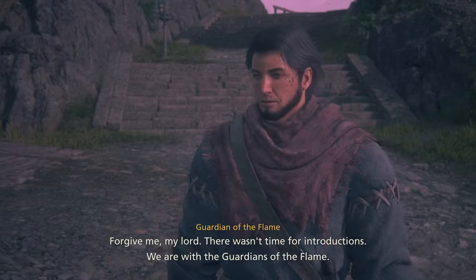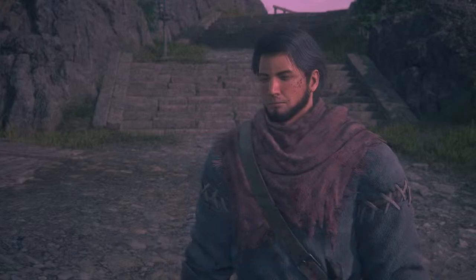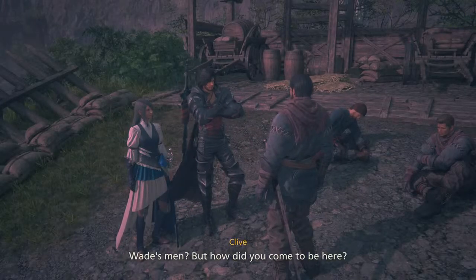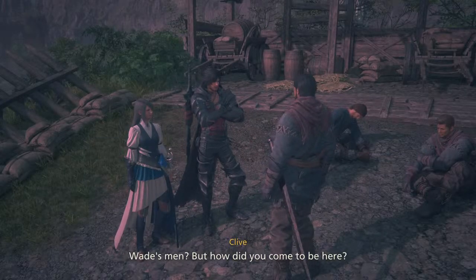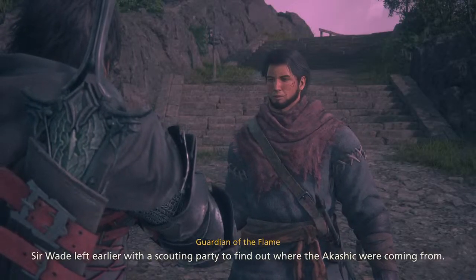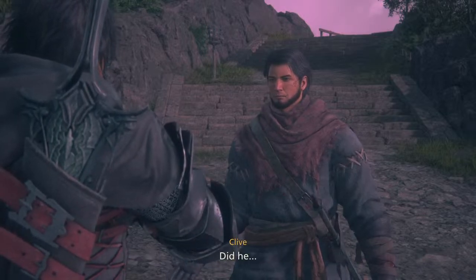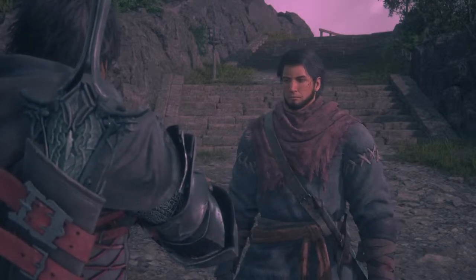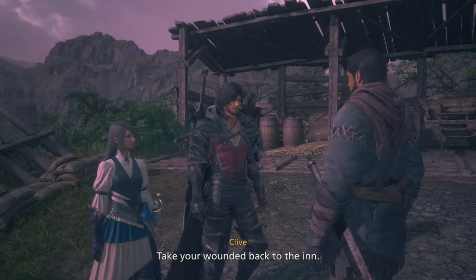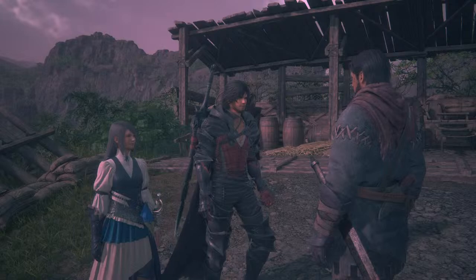There wasn't time for introductions. We're with the Guardians of the Flame. Wade's men? But how did you come to be here? Where is your commander? Sir Wade left earlier with a scouting party to find out where the Akashic were coming from. Did he? Take your wounded back to the inn. Martha will see you're looked after. We'll join you anon.